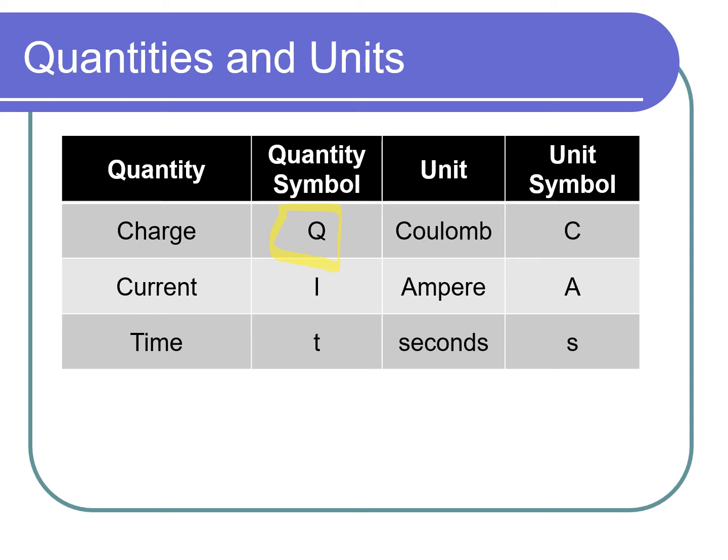The unit of charge is the coulomb, and that does have the symbol C. Current is given the letter I and is measured in amperes, capital A. We use T to represent time, with units of seconds, or just s. You do need to learn all of these.